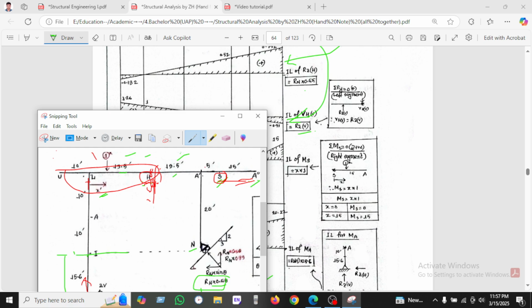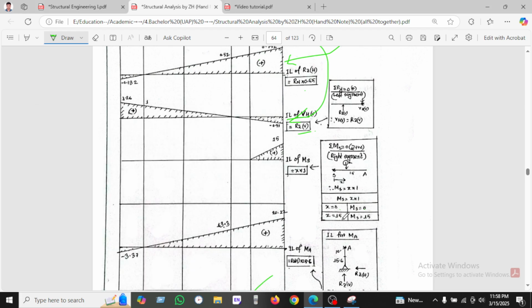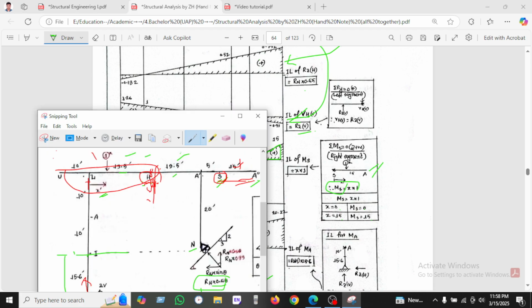Taking moment here as one key, the value will be MS equal to x1. So the x value is dependent. If we put x as 0, then MS equals 0. If we put x as 50, then MS will be 50. So that's why it will be 0 and 50. This diagram will be like this, from putting the values as we found here.